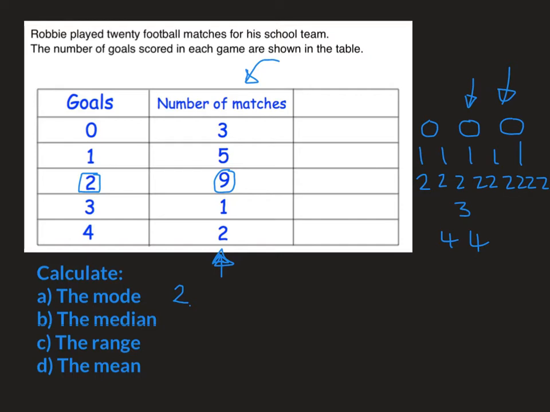Okay, the median. So the median is the middle value. Now, even trying to work from the data on the right, that would be a bit tricky or fiddly to find. So we need to find out which value we are talking about. For smaller numbers, say I was looking at something like 2, 3, 4, that's nice and easy.